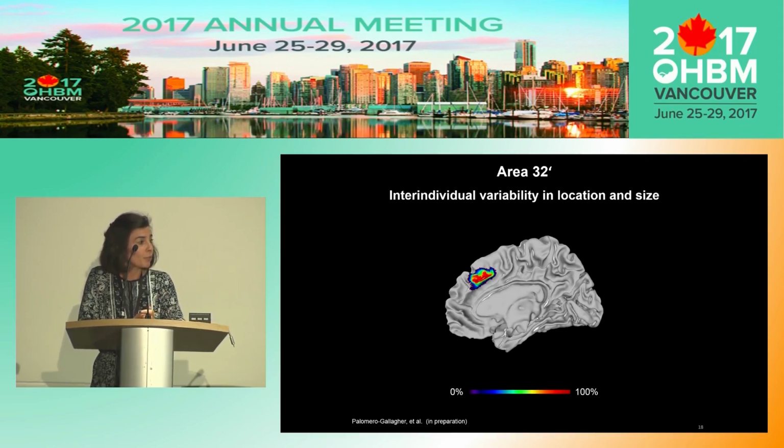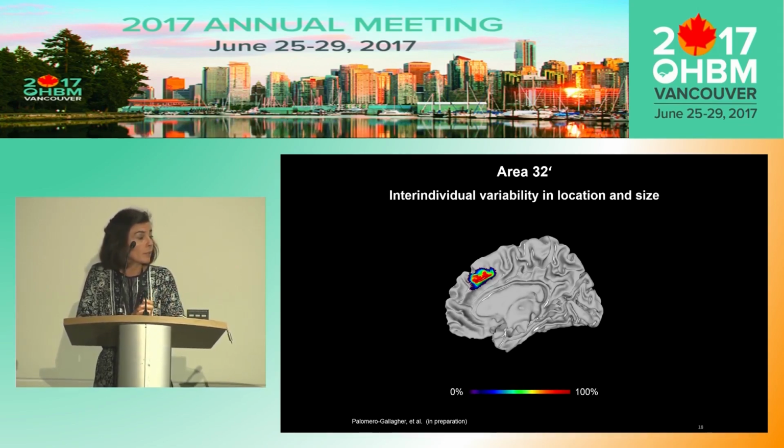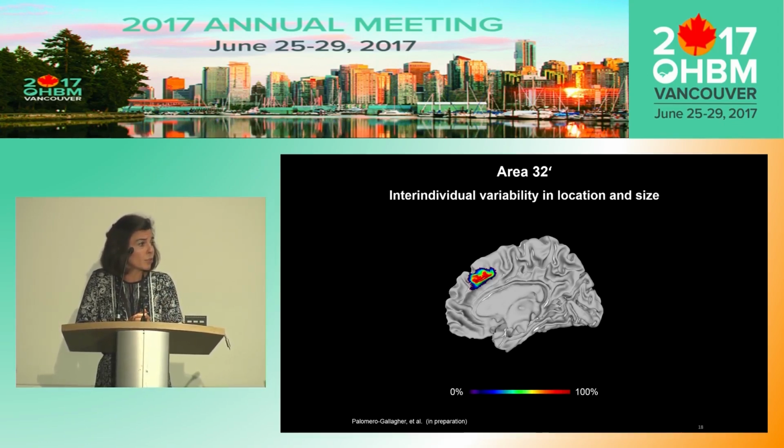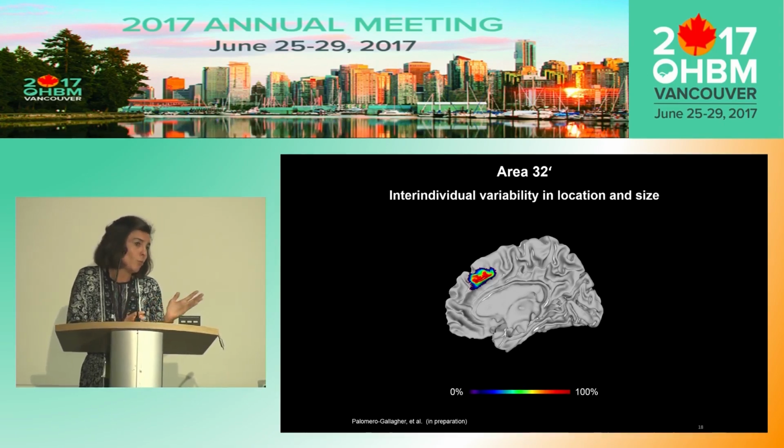Probability maps are in 3 dimensions, so we can look at the 3D volumes of our cytoarchitectonic areas and assign them to a certain sulcus or gyrus. In addition to that, you mentioned multimodality.